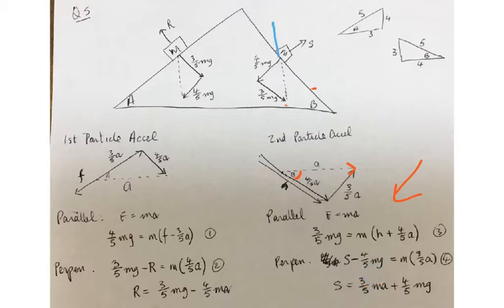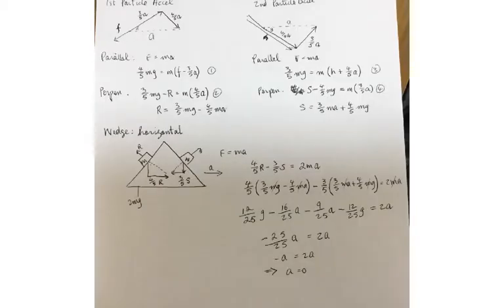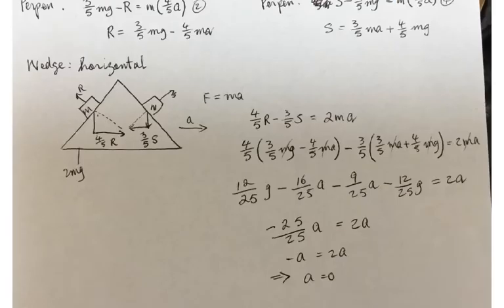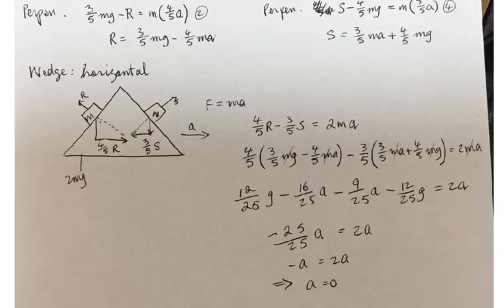Now we have to do the wedge. Let's have a look at the wedge. So here's our wedge down here. I might just make it a bit bigger. On the wedge, we draw our two masses. We put in the normal forces R and S, and we now need to break them down into the horizontal direction.